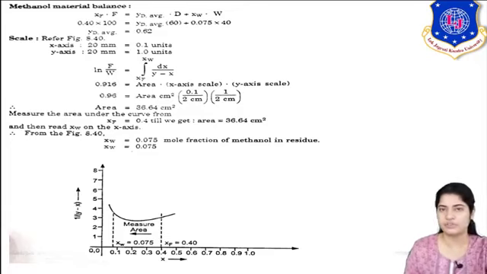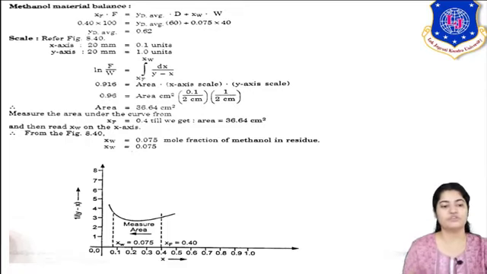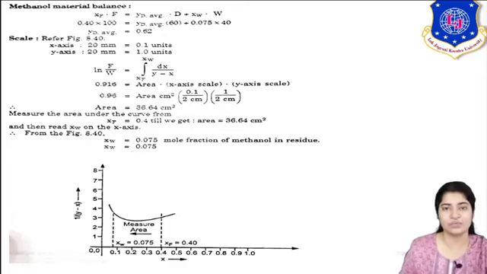So 0.916 is equal to area into 0.1 upon 2 into 1 upon 2. From that I have calculated the area: 36.64 centimeter square.